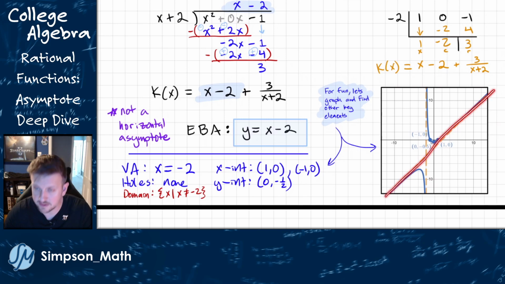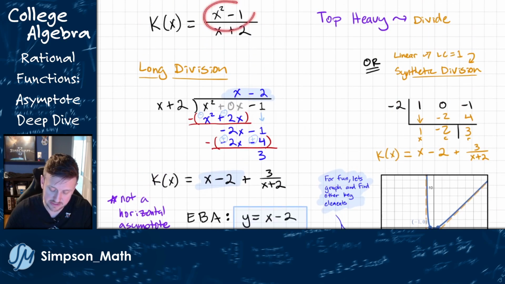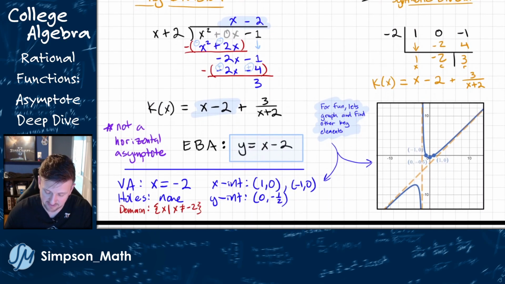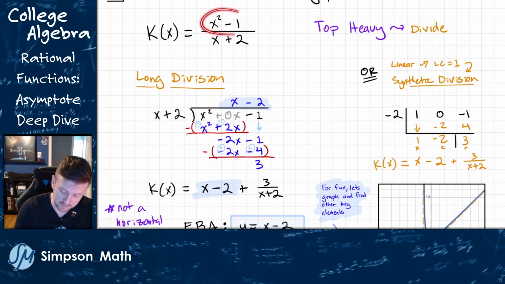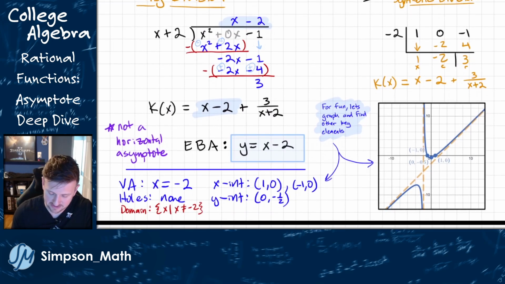This diagonal line right there is the line y equals x minus 2. If you take the numerator and set it equal to 0, because this is a difference of squares, I can factor that into x plus 1, x minus 1, set each of those equal to 0. You get a negative 1 and a positive 1.